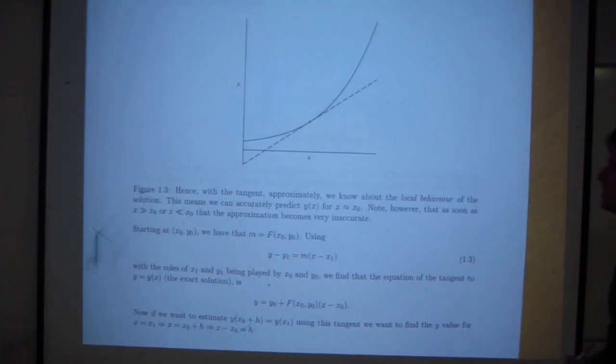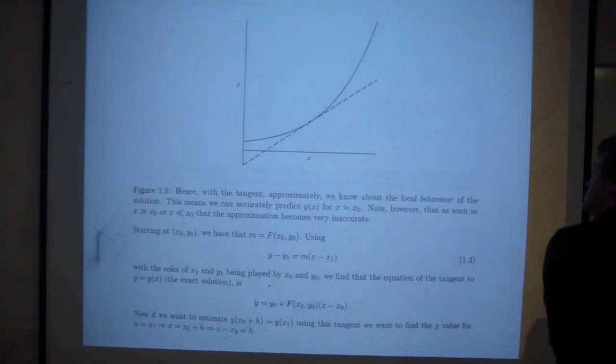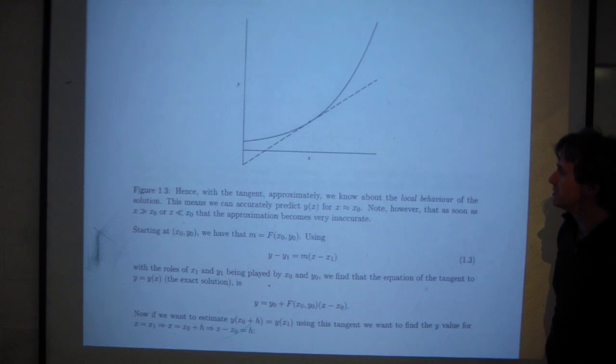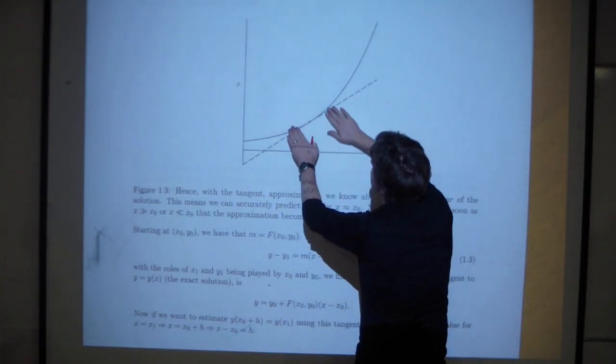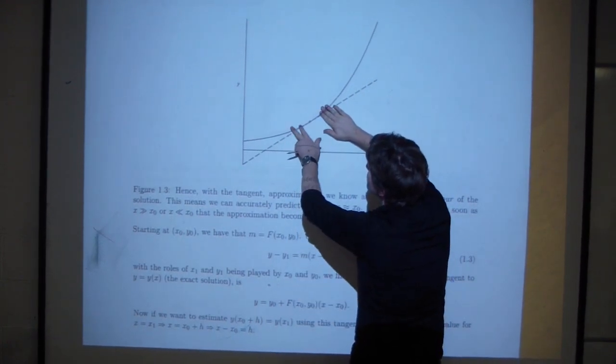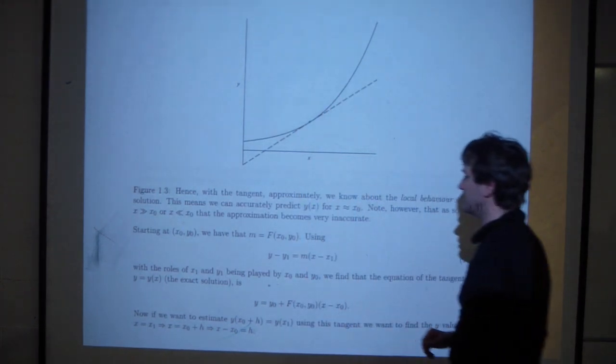And so near a particular point, the curve is well approximated by its tangent. With the tangent, approximately, we know about the local behavior of the solution. Now what local means is close to that point, and we know roughly what the solution looks like there. If you zoom in close enough, roughly it looks like a straight line.